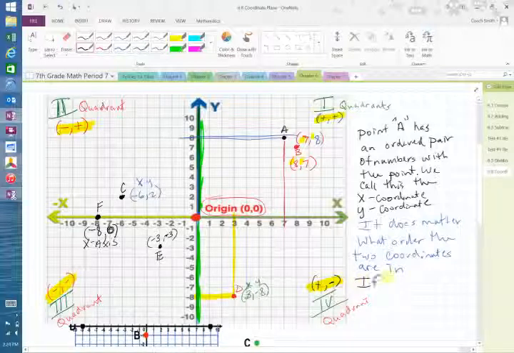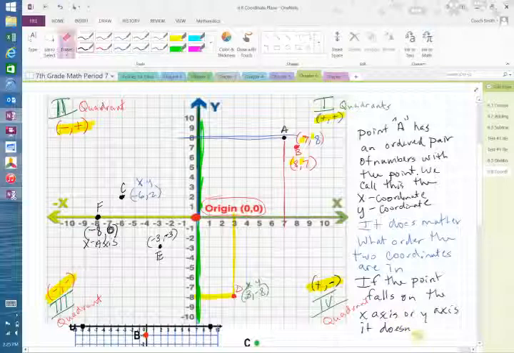If the point falls on the x-axis or y-axis, it does not have a quadrant.